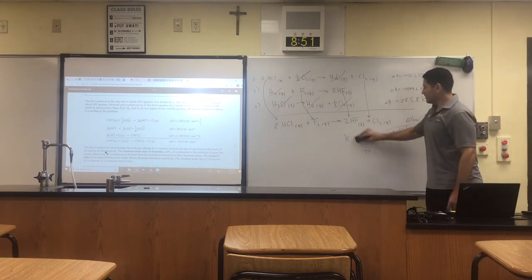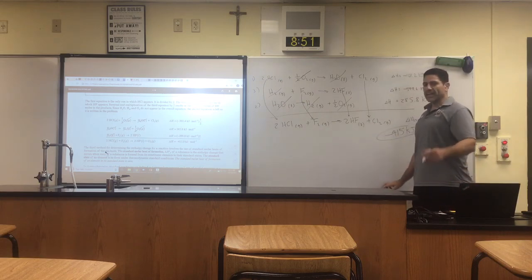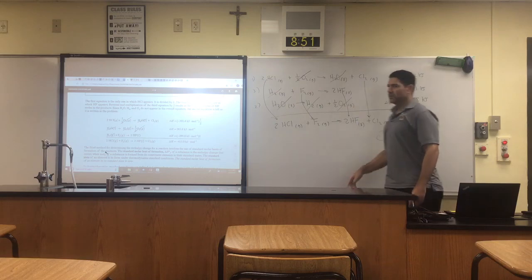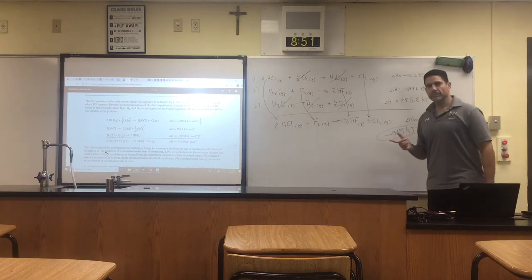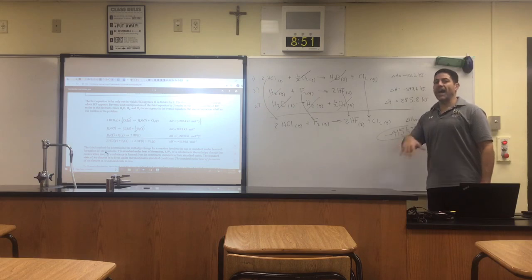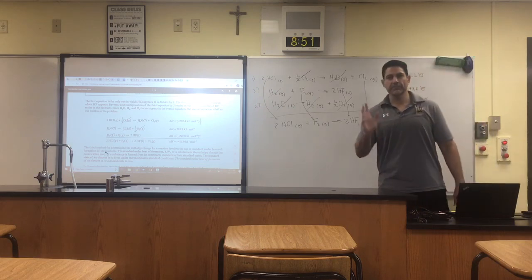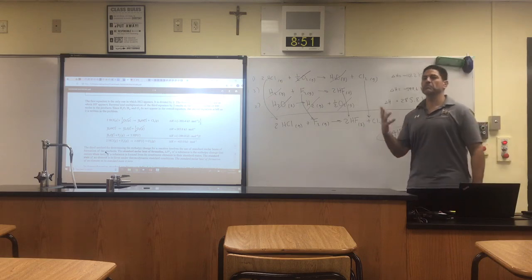If you were dividing, like today, if I divided by 2, like we did with the first one, you divide the delta H by 2. When it is equilibrium, if you divide by 2, you have to get the square root of the K value. If you divide it by 3, you get the cube root.